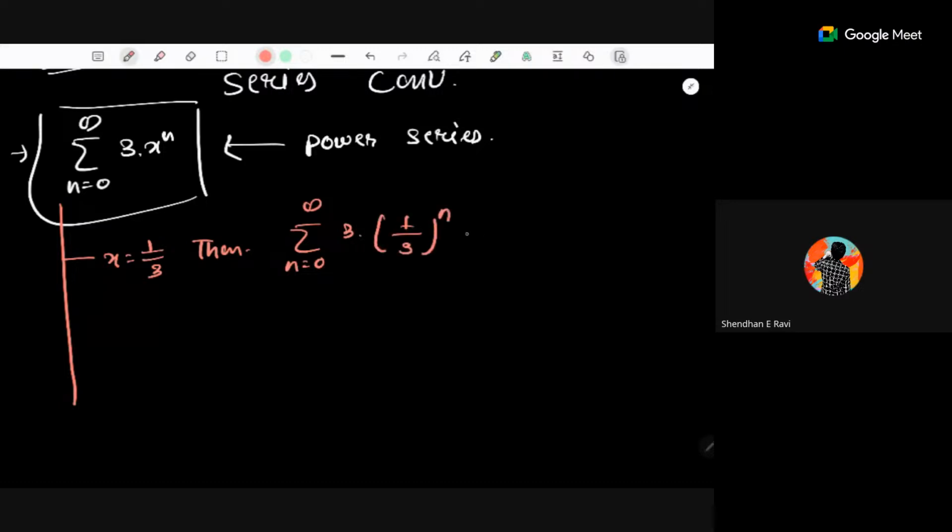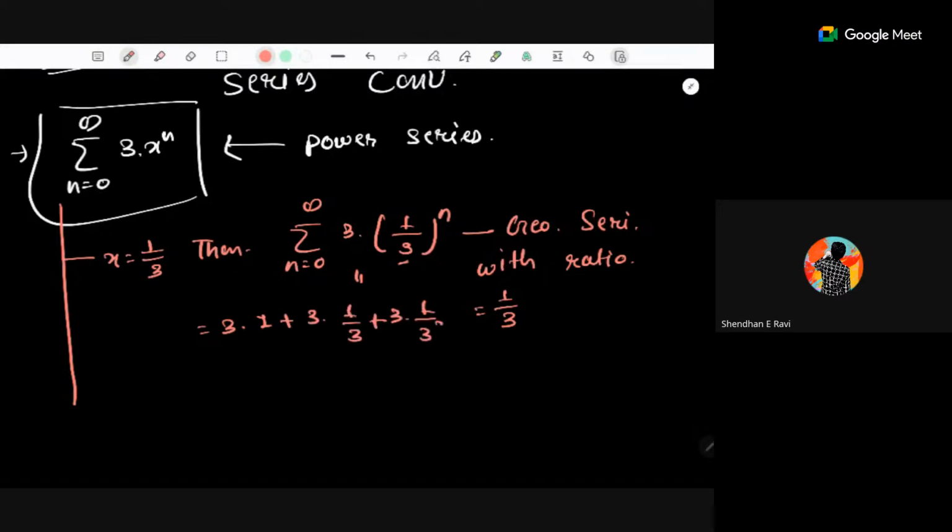Now you observe that this is nothing but a geometric series, with ratio 1 by 3, because we are taking 1 by 3 to the power n. If you compute the series, it's 3 into 1, plus 3 into 1 by 3, plus 3 into 1 by 3 square, and so on. Right? So here the ratio is 1 by 3, which is strictly less than 1. So that means at x equals 1 by 3, this power series converges.